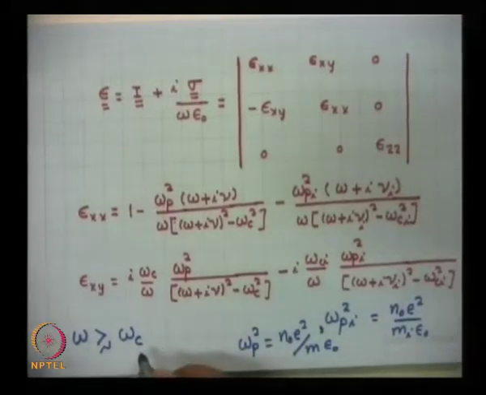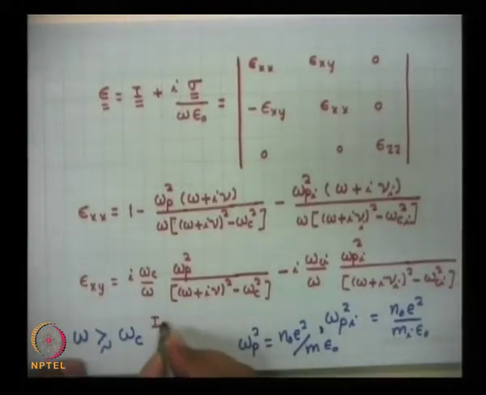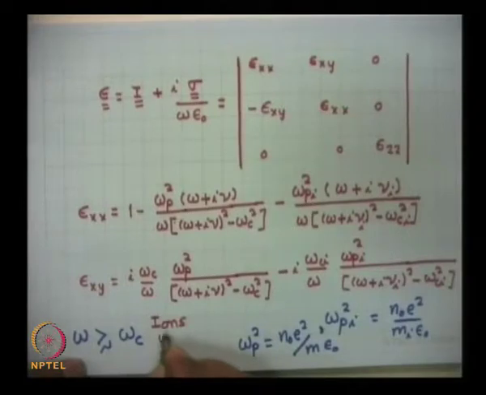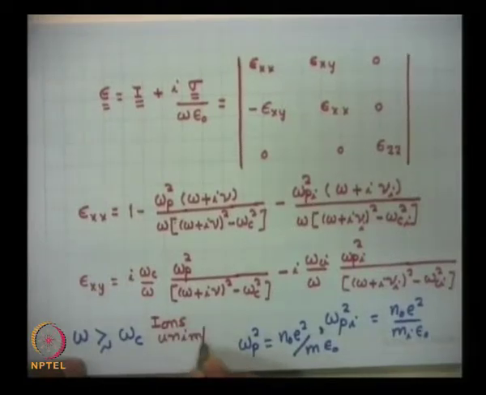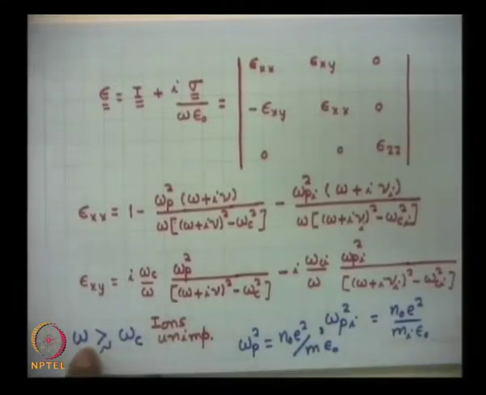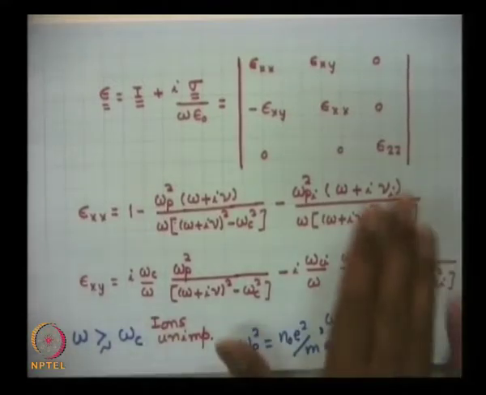So, ion motion is unimportant. For omega bigger than omega c, ions are unimportant. You can forget their contribution. When omega is less than omega c, then also you can ignore the ion motion.